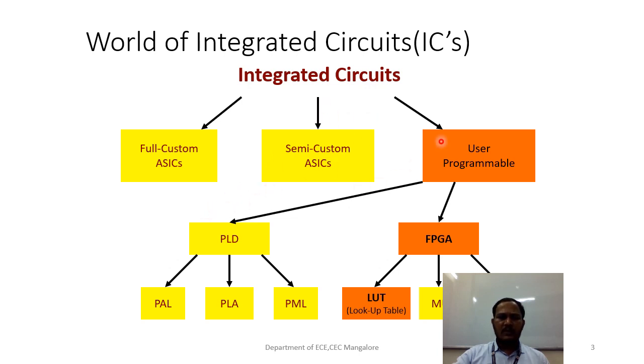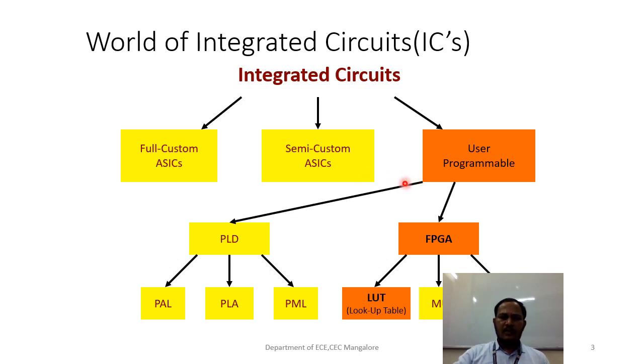And the third one is user programmable. These ICs are already in the market. You have to buy it and program it. Whatever functionality you want, you have to program it, and fuse it.